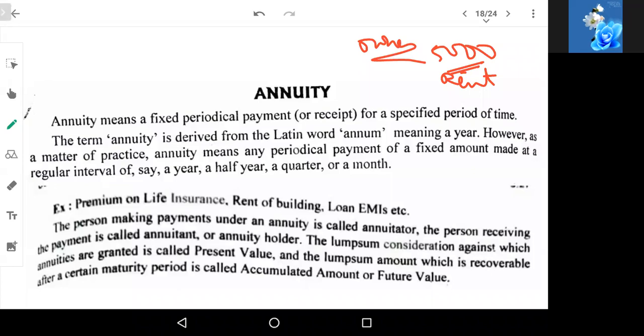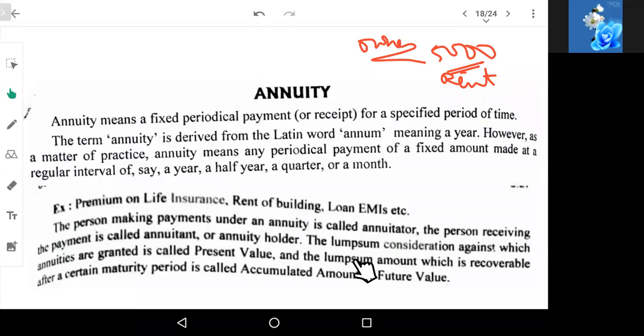Then the lump sum consideration against which annuities are granted is called the present value. Lump sum against which means, if it is a rental place, they have given you a house to live in for rent. The house that you are living in is a lump sum, and that is the present value.